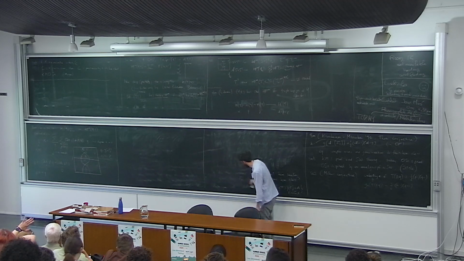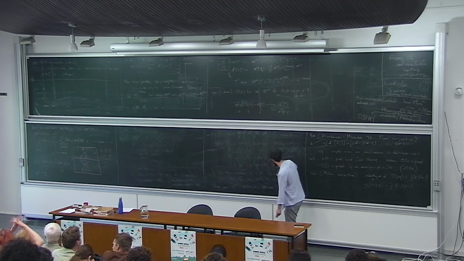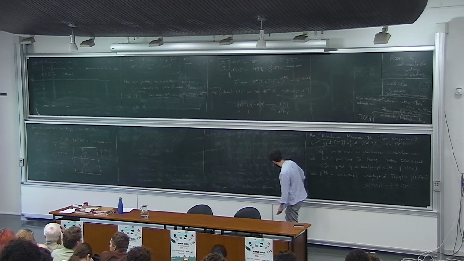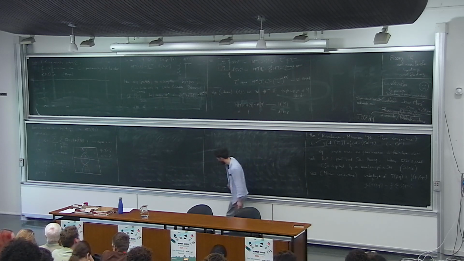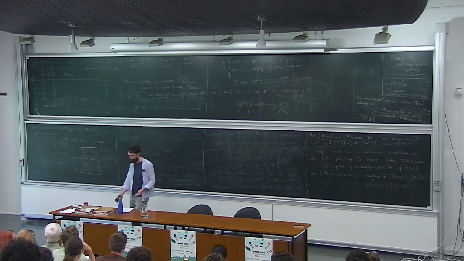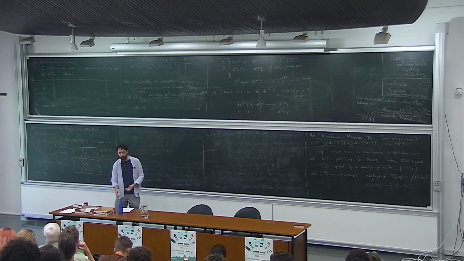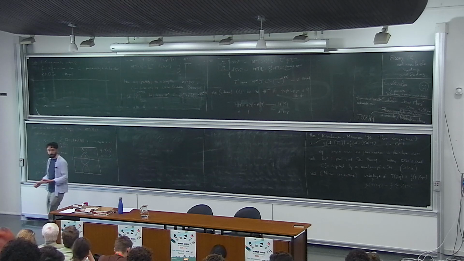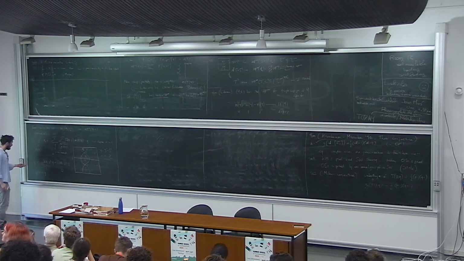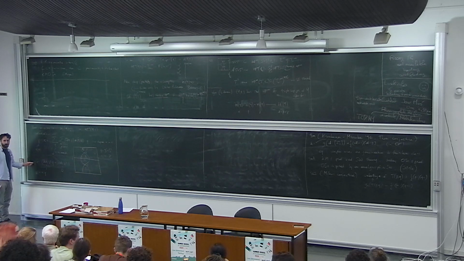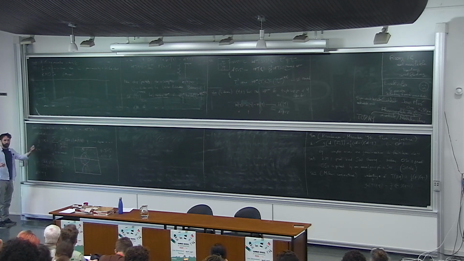If you work with F2 coefficients, definitely you still have a linear action. If you have a linear action over Z, you could definitely have a linear action over F2. If I let gamma plus gamma prime act, it's the same as acting with gamma and gamma prime and adding the two results.